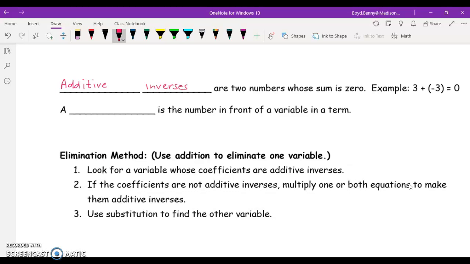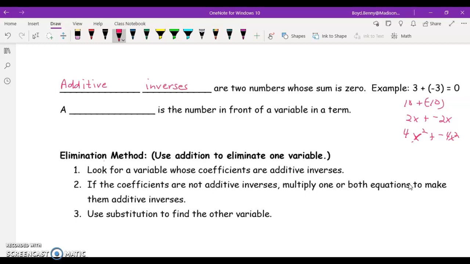That would be like the number 3 plus negative 3, or 10 plus negative 10, or 2x plus negative 2x, or 4x squared plus negative 4x squared. All of those would add up to 0.